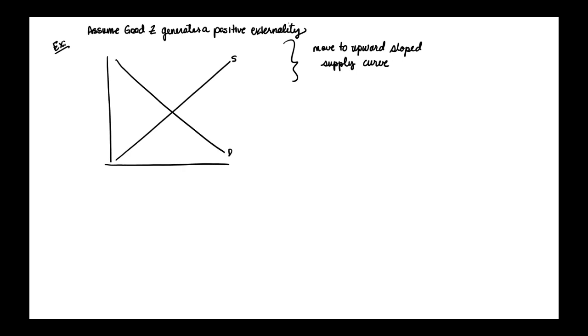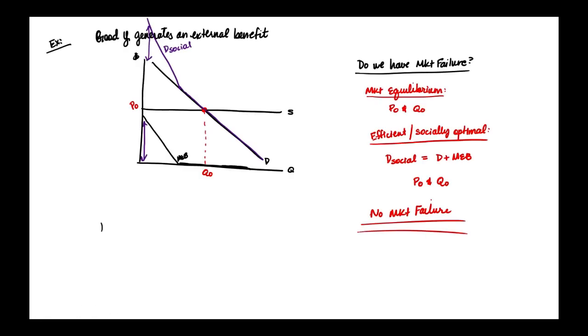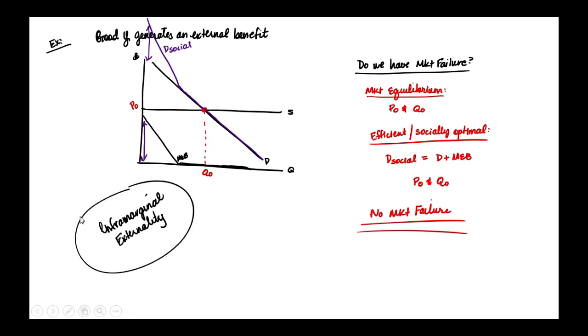Now assume, I'm not going to trick you unless I draw the graph for you. If you do this, you need to draw an external benefit that's not inframarginal. By the way, just so we have some language, we call this an inframarginal externality, a special case. We need to know that term. Do you need to know that? Possibly.